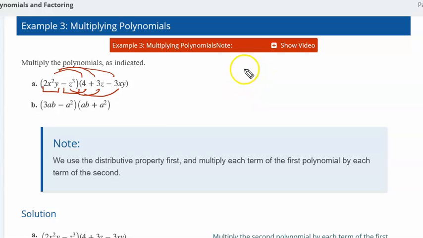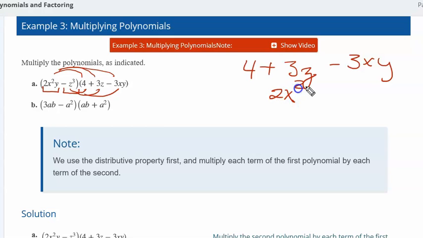Now, another way of doing this would be to put the top row, 4 plus 3z minus 3xy, and then put this underneath it, 2x squared y minus z to the third, and then do it vertically and try to line up your like columns.